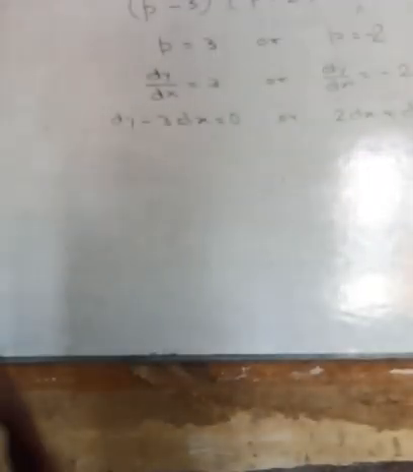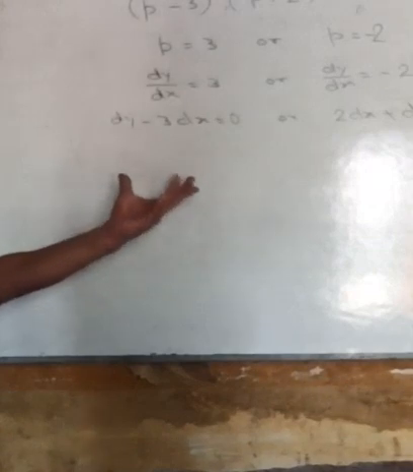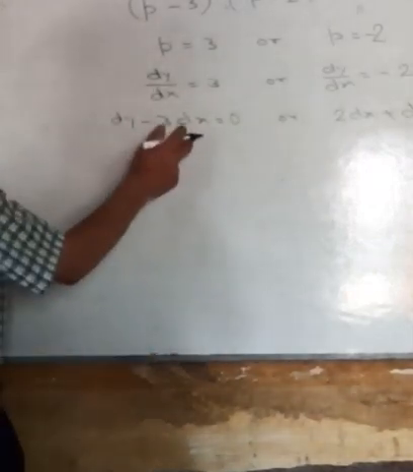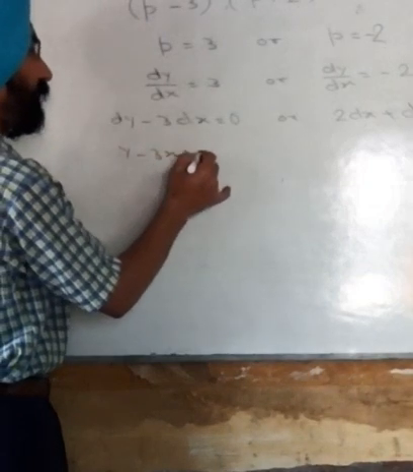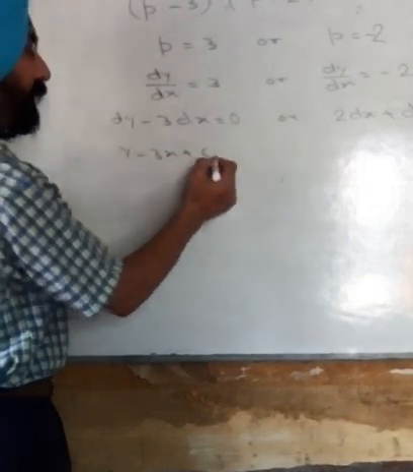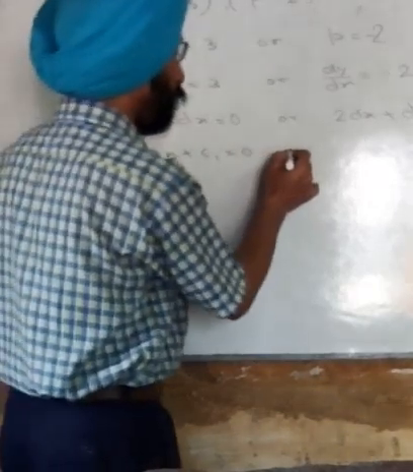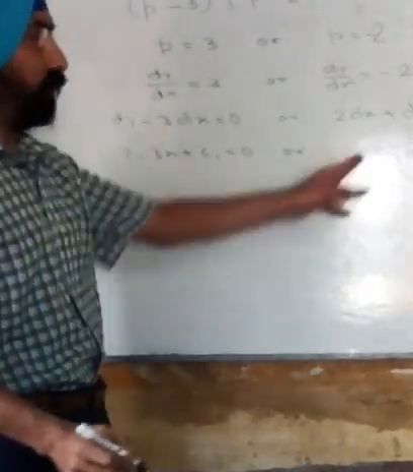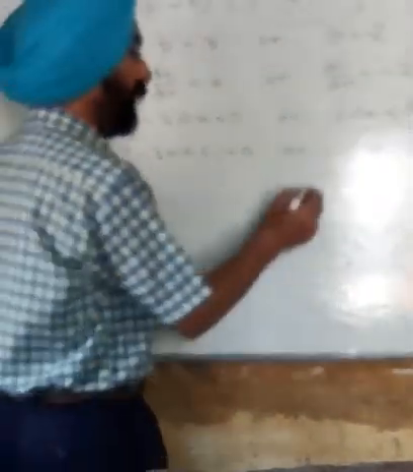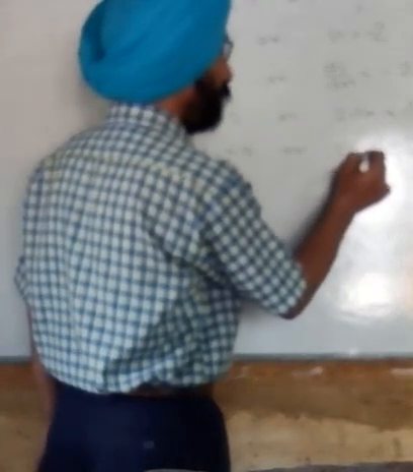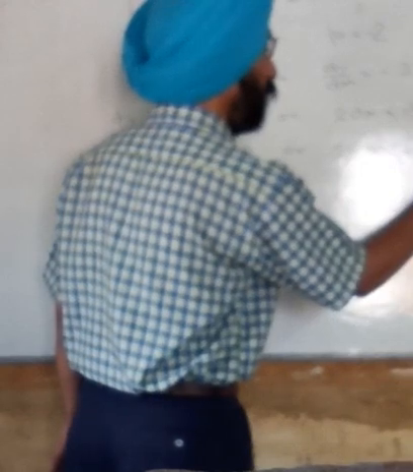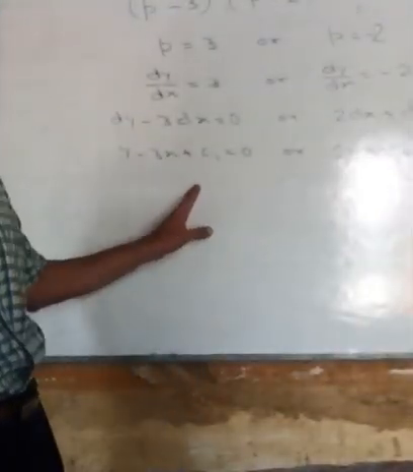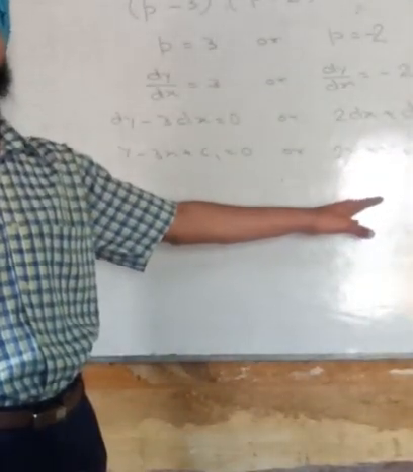And now the integration is very simple. Integrating both sides, the first one will give y minus 3x plus some constant of integration, say c1 equal to 0, or from the second factor you will get 2x plus y plus some constant of integration, say c2 is equal to 0. Either this is true or this is true.